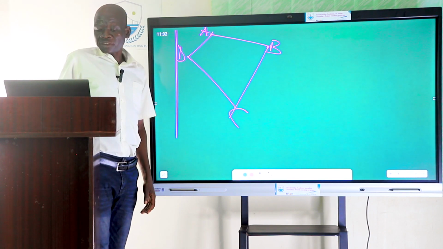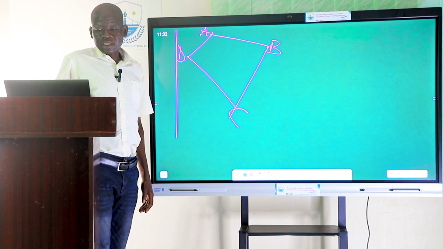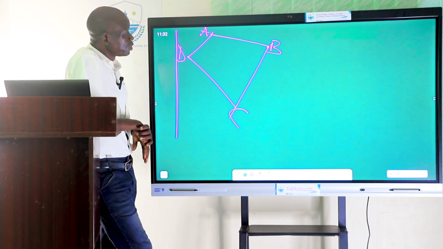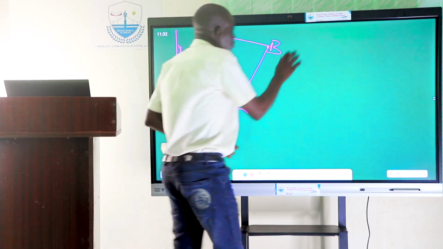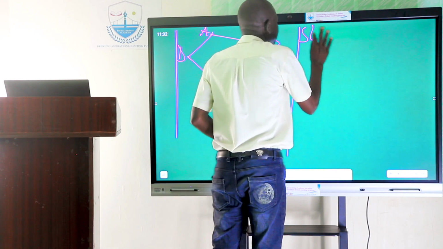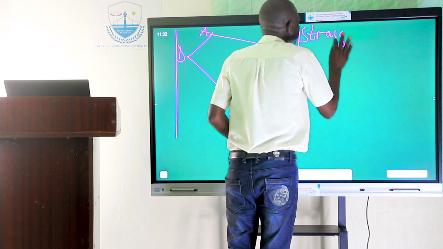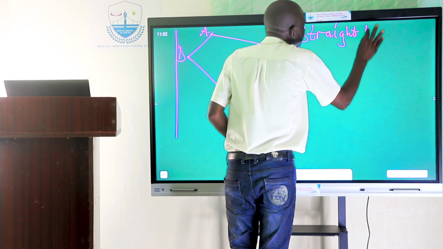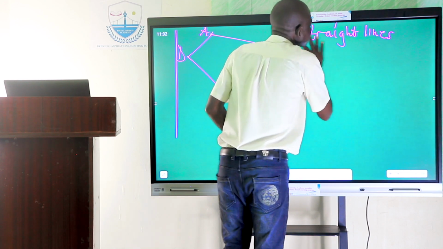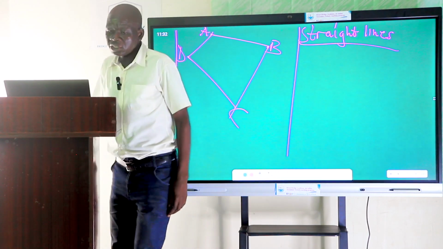We also have another term in geometry, which we call straight lines.